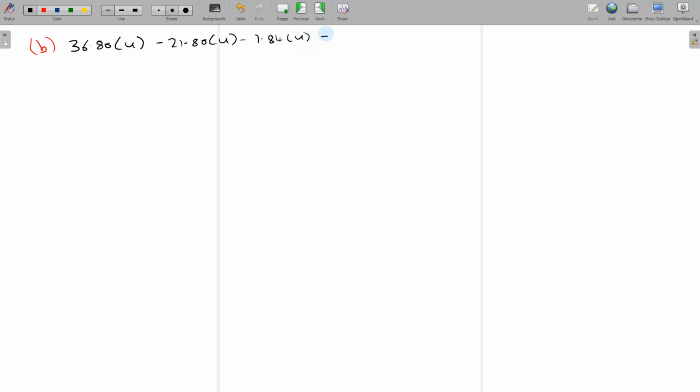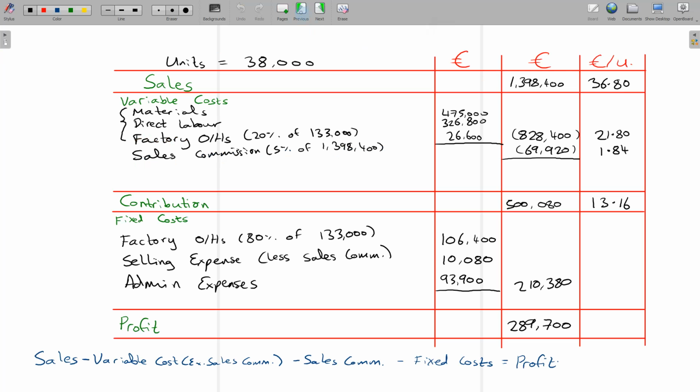We don't know the U. We do know the fixed costs. It's 210,380. And we now know the profit. So there is our fixed costs.